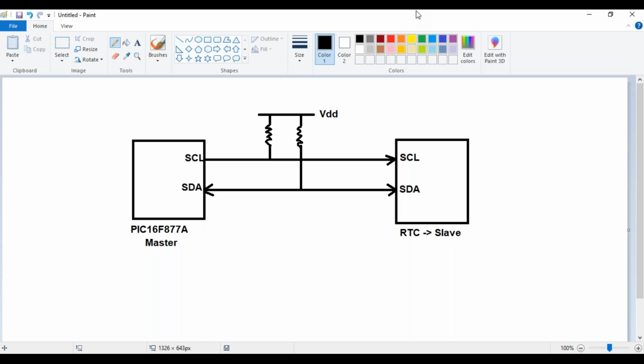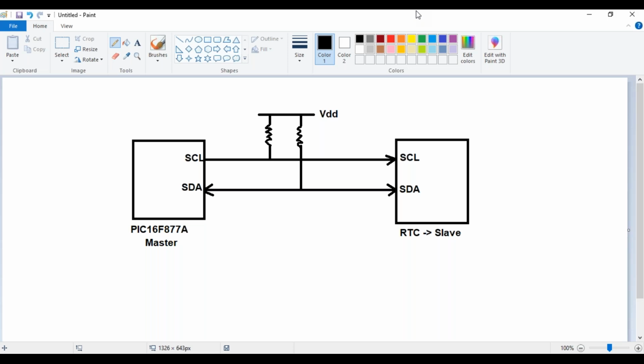The RTC is a chip which is capable of counting the time, so you need not use the timers. You can use the RTC to calculate the time, and this RTC will have the data regarding time.